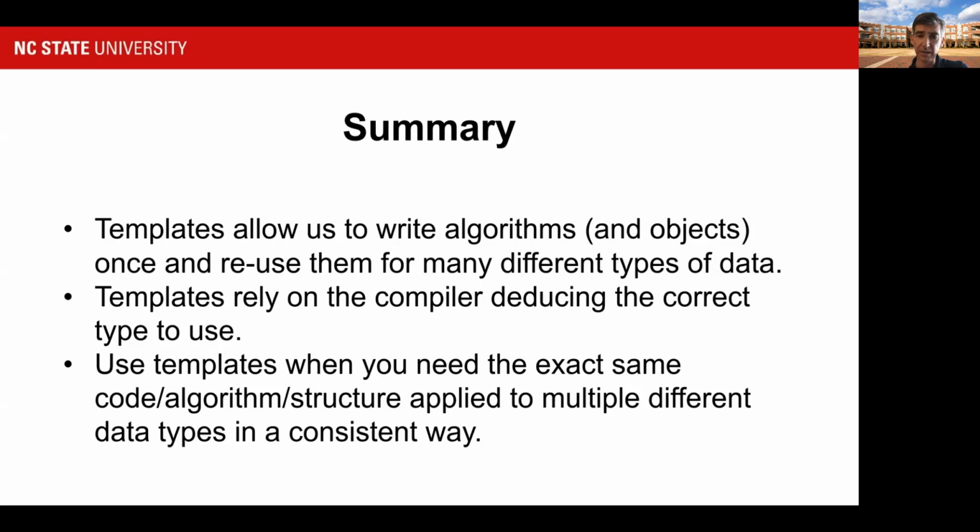And so anytime you want to write code, a data structure, or an algorithm that would work the same way on a lot of different types, like integers, characters, or doubles, then a strategy you might want to use is a template and specify that type can be changed out in multiple different ways, right? That type can be changed out, and the code will still be meaningful regardless of the type that's being applied. And then the compiler figures out what type you're using and generates the right type of function for you based on the template pattern.